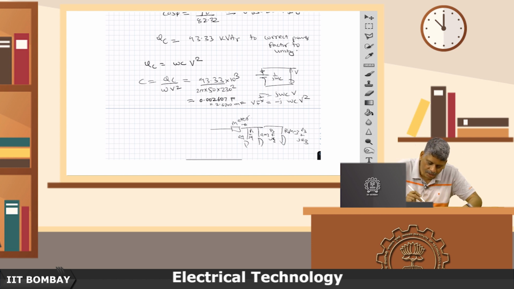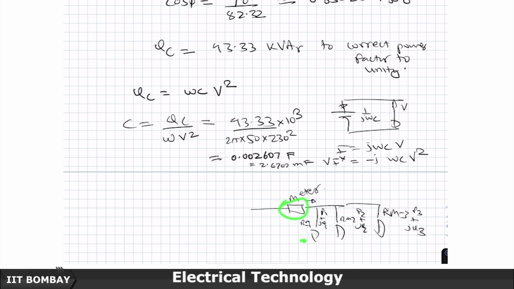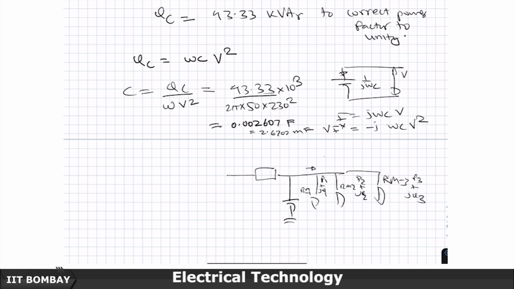So, the meter records consumption for the summation of all of it, and the capacitor for unity power factor should be placed again in shunt here, so that the meter records the value of Q after compensation.